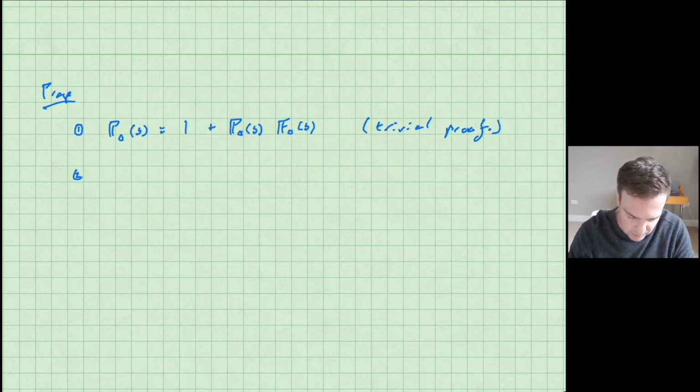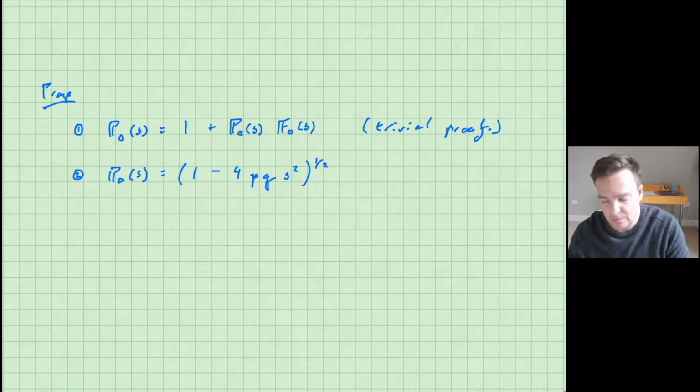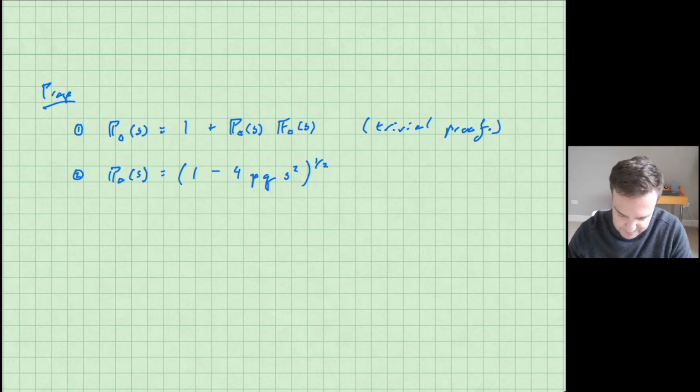Part 2 is the one we'll focus on, and it gives an actual expression for P0 of s. It's the quantity 1 minus 4 times p times q times s squared, all to the power minus 1/2.